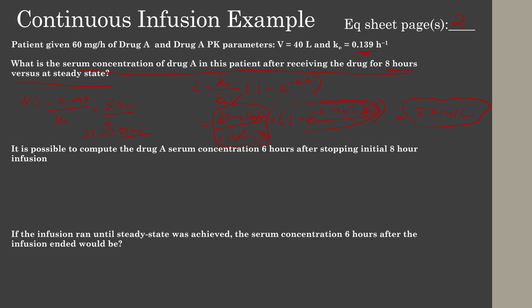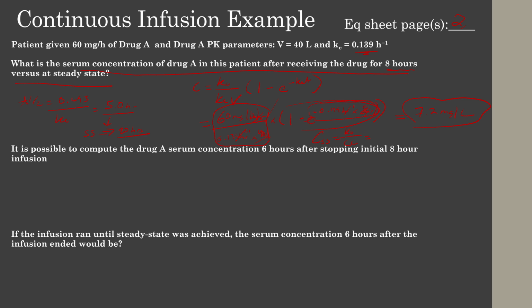Okay, so what else does it ask? It asks, what's the concentration at steady state? And that is also on page 2. Concentration at steady state is a little more straightforward for us here. It can equal K naught over CL. We don't have CL, right? So then we have to plug in KeV.